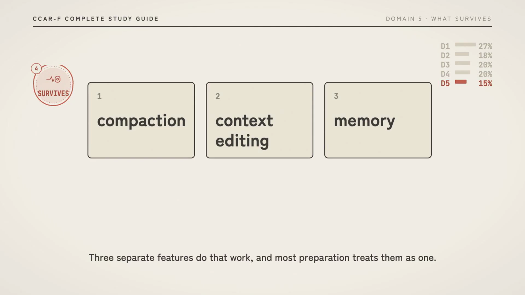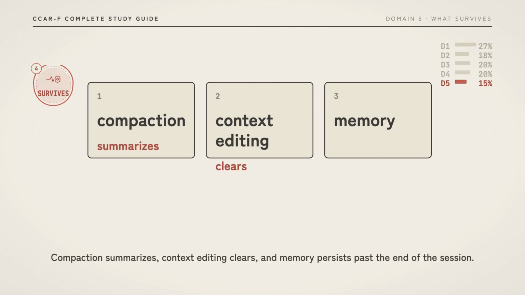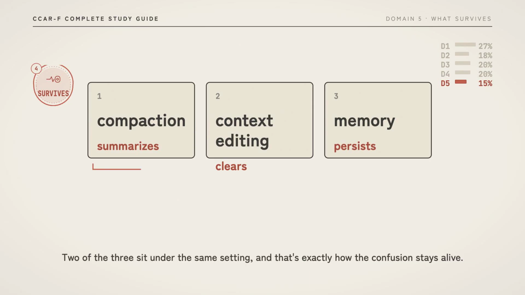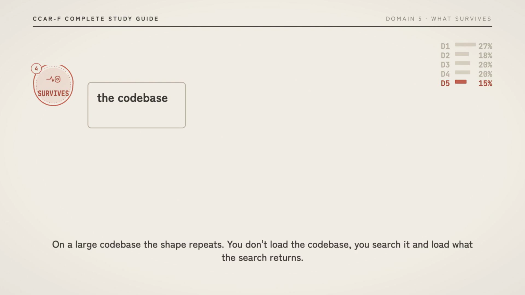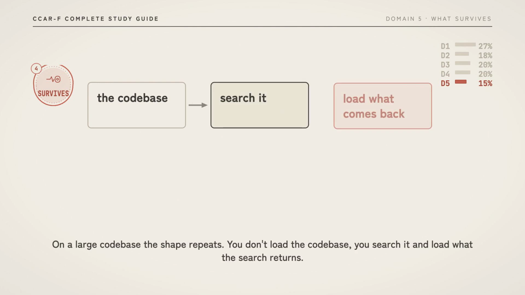Three separate features do that work, and most preparation treats them as one. Compaction summarizes, context editing clears, and memory persists past the end of the session. Two of the three sit under the same setting, and that's exactly how the confusion stays alive. On a large code base, the shape repeats. You don't load the code base, you search it and load what the search returns.